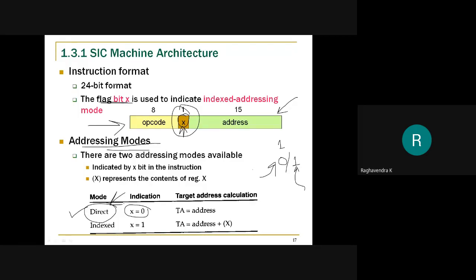What do you mean by direct addressing mode? Whatever address you have mentioned here, that itself is the address of the operand. The target address is nothing but whatever address you have specified here. It's something like calling a student directly by his name. I will call, ABC, come here, right?